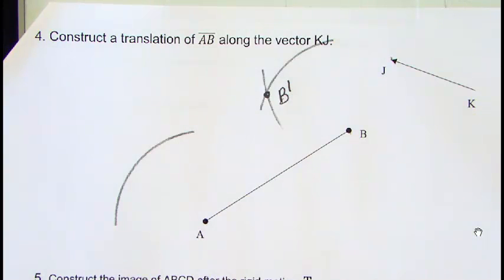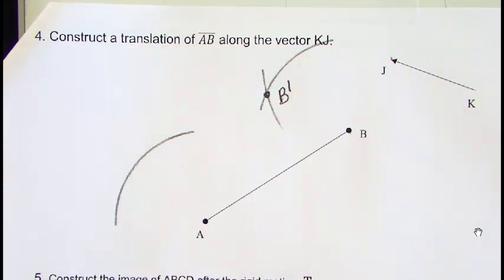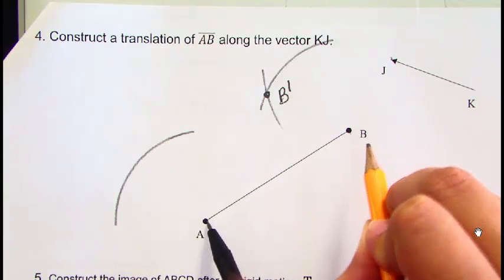Now I'm going to measure my line segment. Since a translation is a rigid motion, line segment AB should be congruent to A prime B prime. So how long is line segment AB?